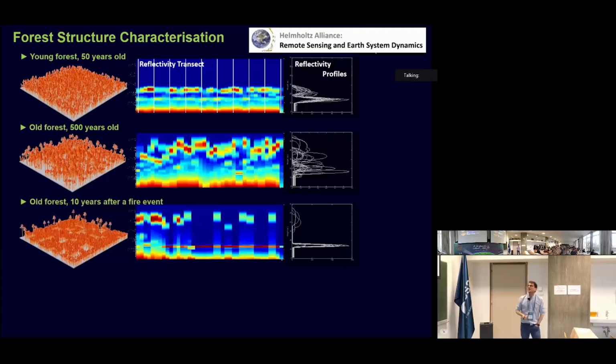Then you take an old forest like this, but after a fire event, and the fire was burning patches. In these patches, you see they also reflect in your profile. Here the understory has somehow disappeared, and you have some of the taller trees which are still there. Vertically it's not very heterogeneous, but horizontally it's very heterogeneous because of the gaps, because of the fire.